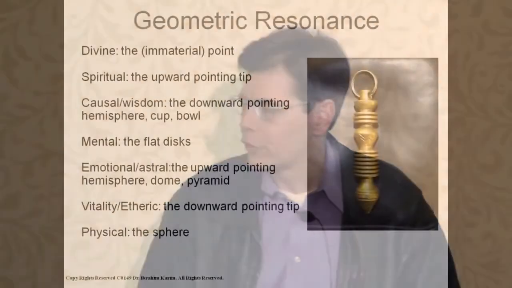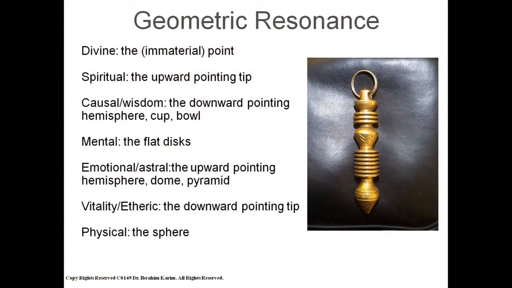There's a hidden communication code of the type known and used in ancient Egypt where specific geometric forms are like antennas that connect with and resonate with different planes of nature. So that the form that you see on this particular slide is a type of pendulum developed by Dr. Karim that brings together a variety of these shapes that connect to the different planes.